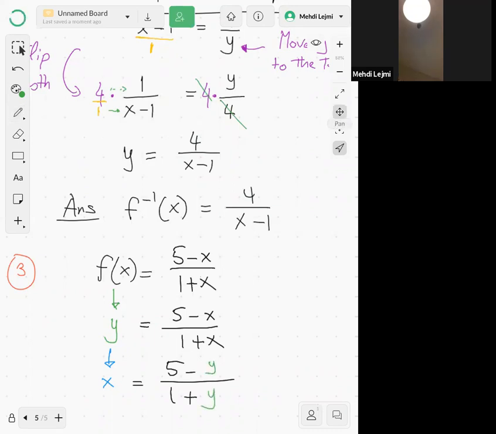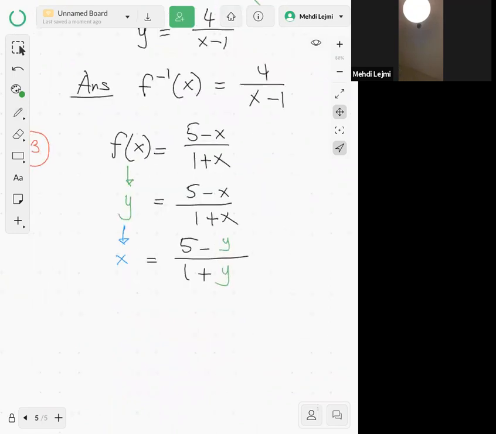Okay, so I interchanged x and y. Now I have to solve for y. Well, how do we solve for y? In this case, there's a problem here. The big problem is that y is actually in the numerator and in the denominator.